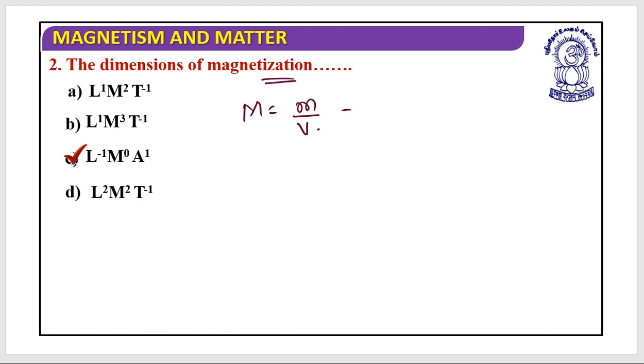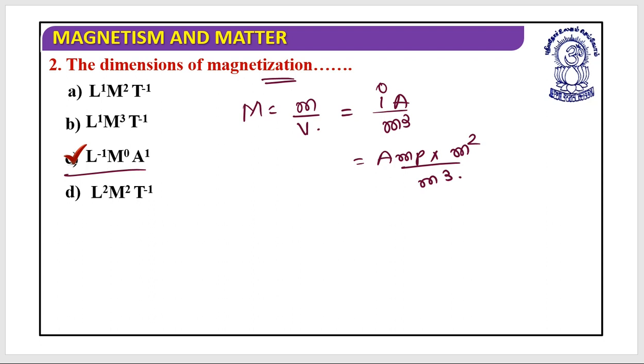M is M by V, which equals I into A divided by meter cube, so ampere into meter square divided by meter cube. This is ampere per meter. This would be its dimensions. I hope this is clear. So these were certain basic terms that we use to define different materials based on their magnetic properties.